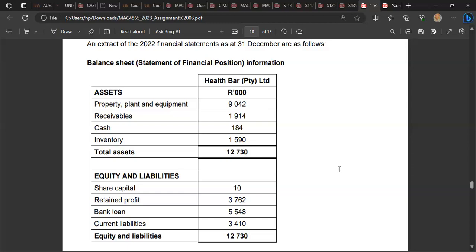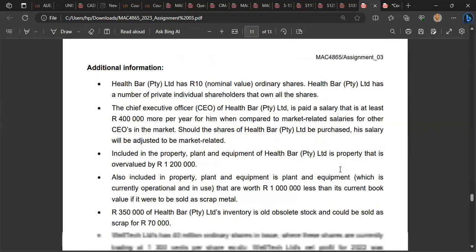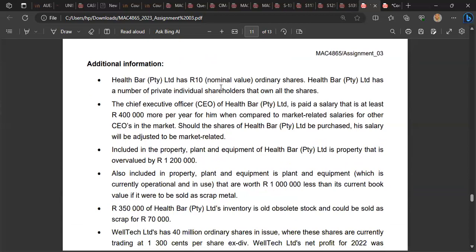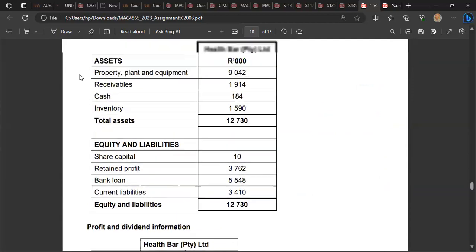So these are the amounts right there, but let's see if there are any adjustments.